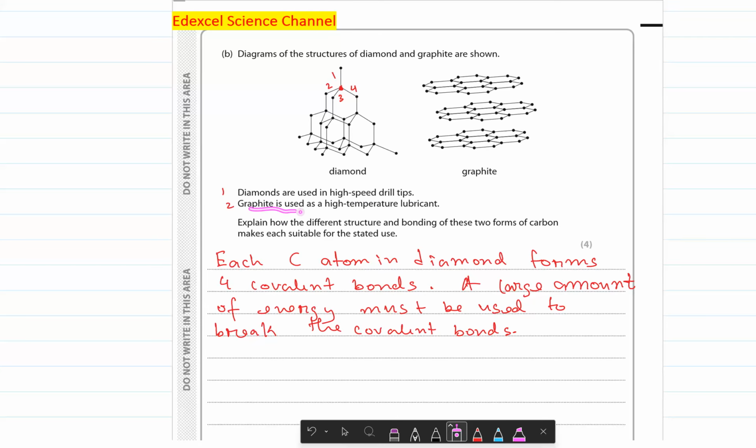Now, why is graphite used as a high-temperature lubricant? The reason why we use lubricant is so that at high temperatures or even at lower temperatures there is no friction, right? If you look at the shape and structure of graphite, the layers do have covalent bonds, right?